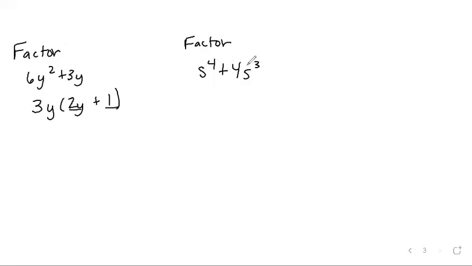The smallest amount of s's I have in either group is s to the 3rd. So I can pull out an s to the 3rd. If I take an s to the 3rd out of s to the 4th, that's just going to be s to the 1st. If I take an s to the 3rd out of 4s to the 3rd, that's going to be plus 4. And you need to make sure that when you multiply it back out, you get what you started with. But that's factored.